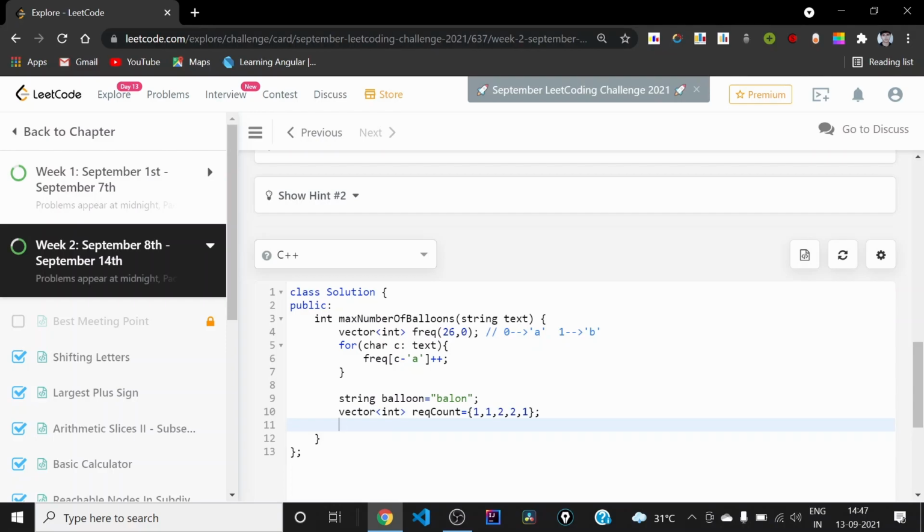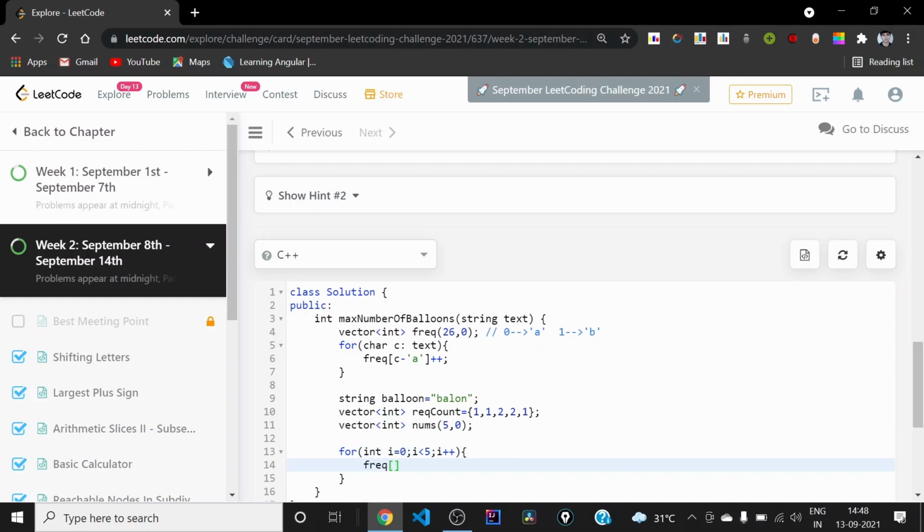Now we can calculate how many balloons can be formed if we are considering only the requirement of each character. I can initialize it with 0 at first. We can calculate it by looping over all the characters of the word balloon.